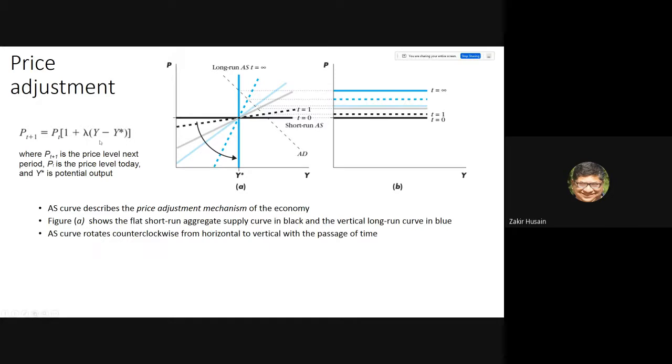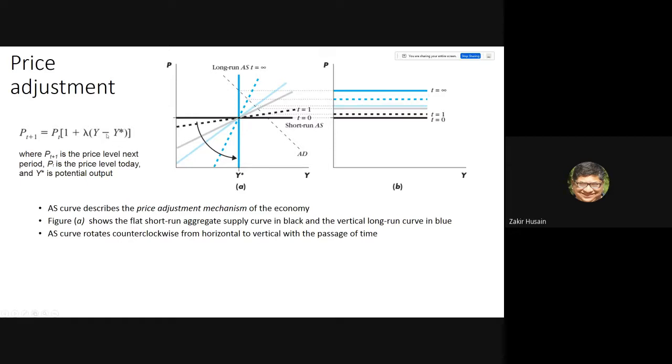So if, for instance, your actual output is greater than the potential output, or you can say that Y is the demand for output, suppose the demand for output is greater than the potential output, in that case we have excess demand, and P(t+1) will be P(t) plus this part.